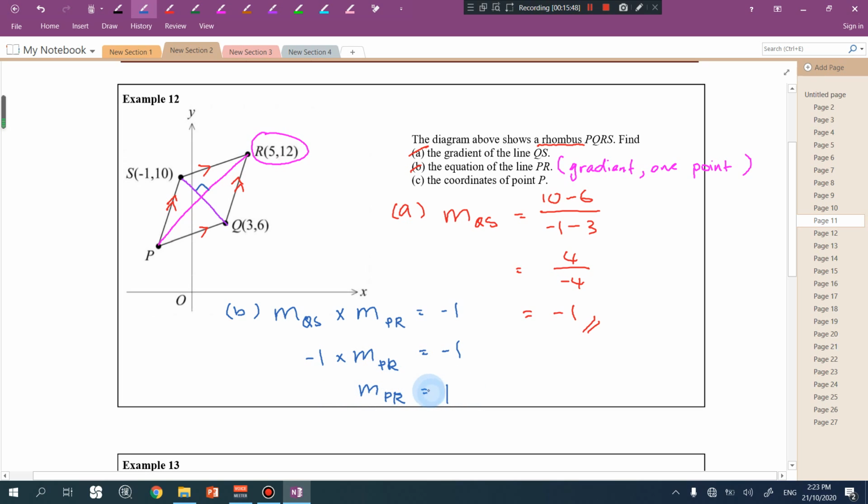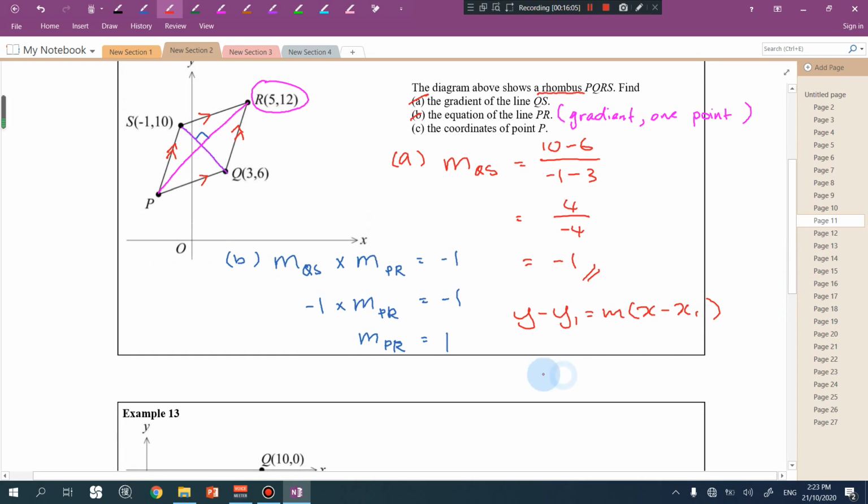So now you have the gradient, you have the point, you can get the equation easily. How about I write the formula for first? y minus y1 equal to m times x minus x1. Write this formula first before you start solving it so that you can remember this formula well.